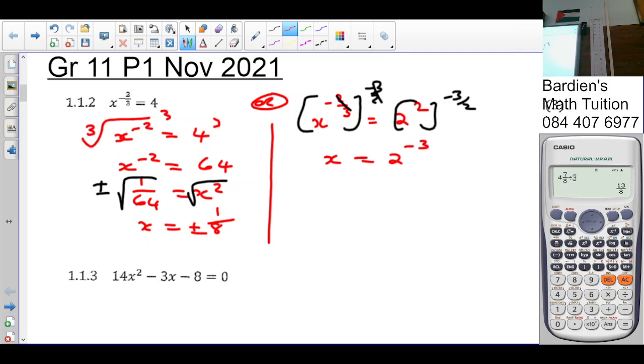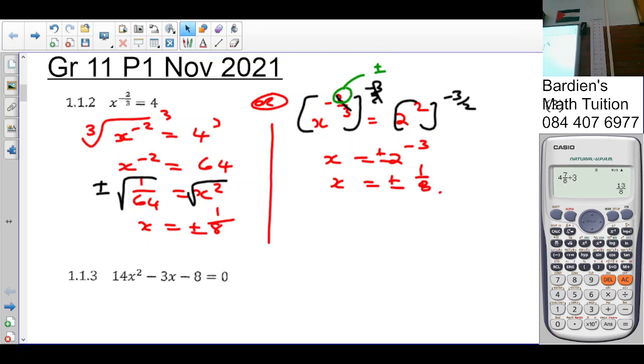But remember, there's a rule that says if the exponent is even, then you must go plus minus when you raise it to its reciprocal. If the denominator is even, the rule says that you must be positive on the right hand side. So from there it will simply be x is equal to plus minus 1 over 8.